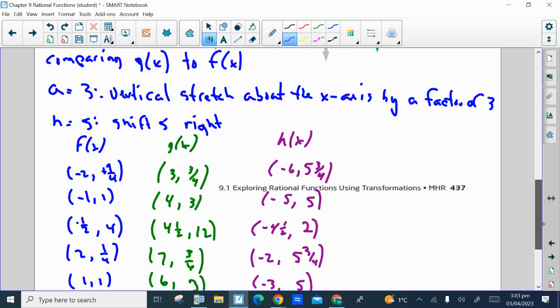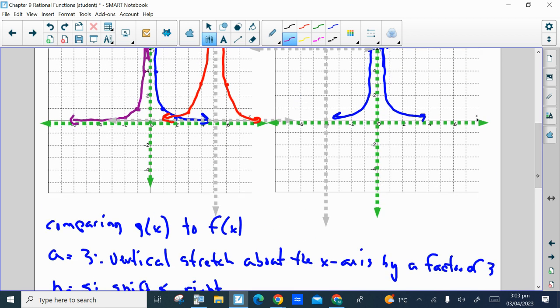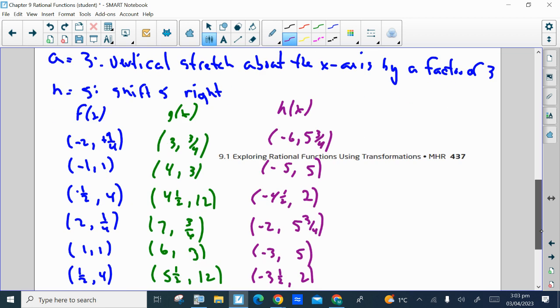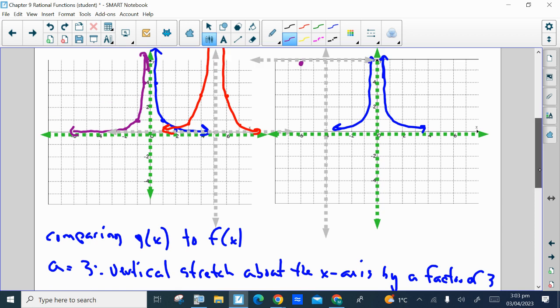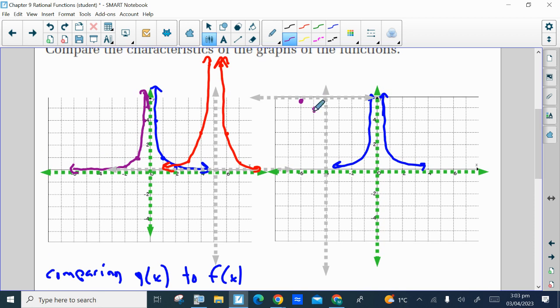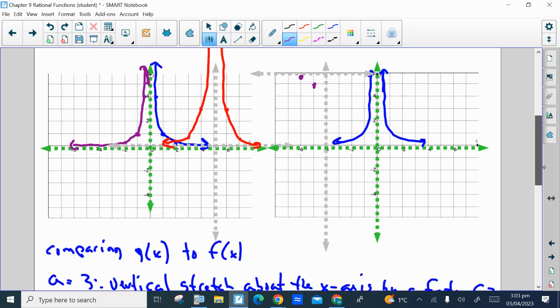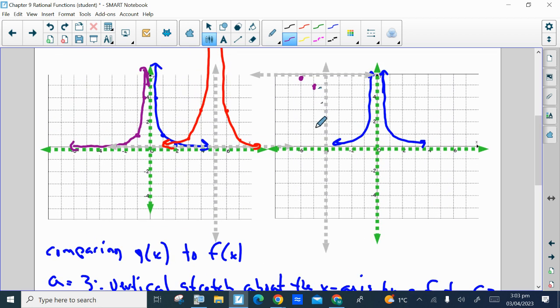So -6, 5 3/4. -5, comma 5. -4.5, comma 2. You see, because the graph reflected over the x-axis, this one's going downwards instead of upwards on both sides.